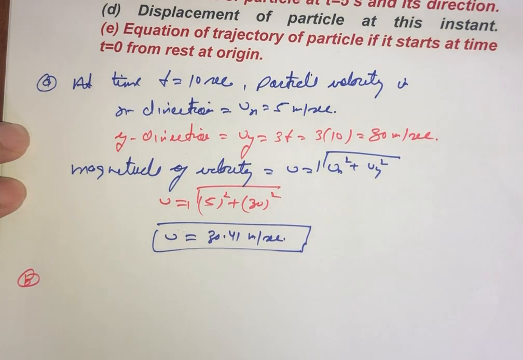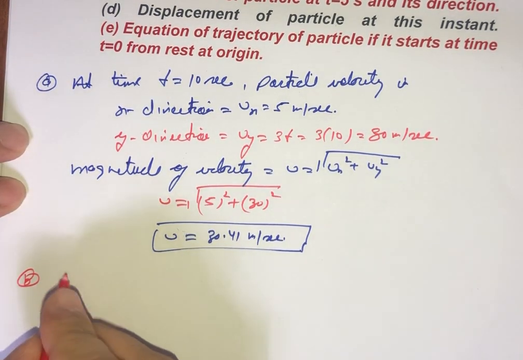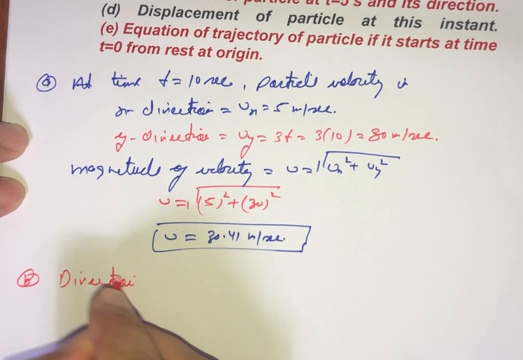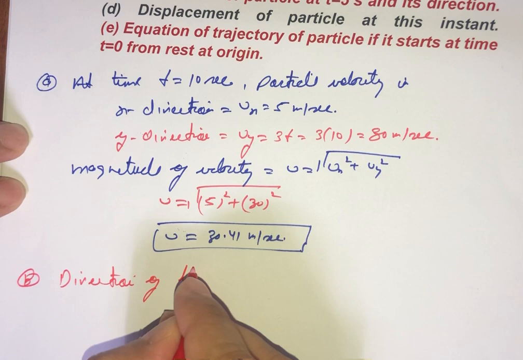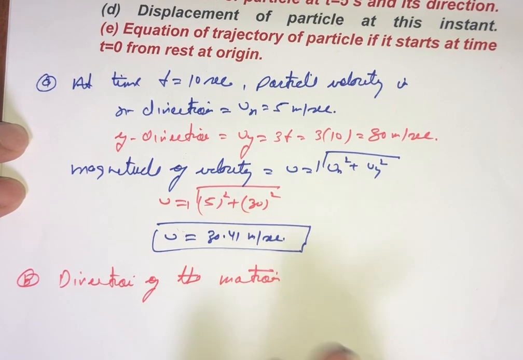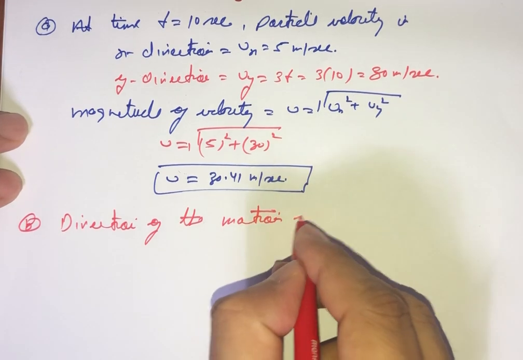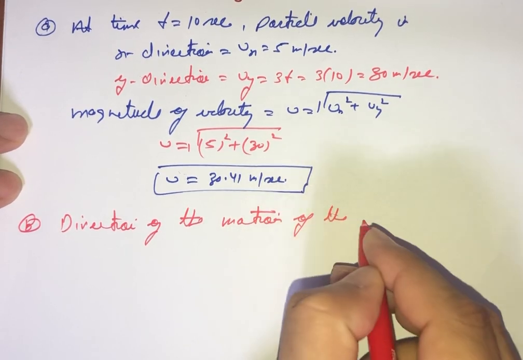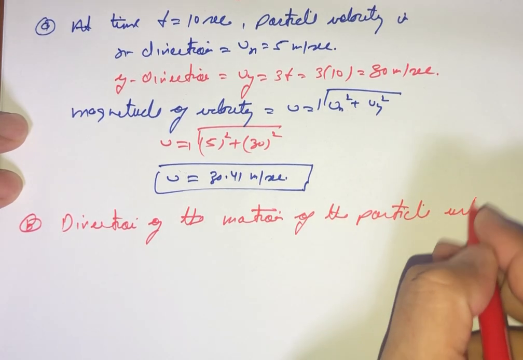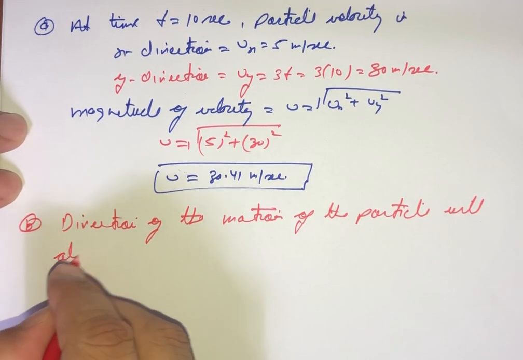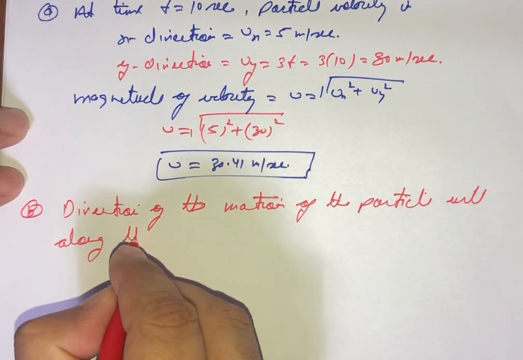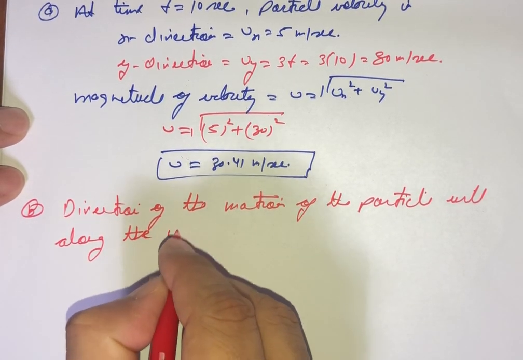So we can say the direction of the motion of the particle will be along the instantaneous velocity.